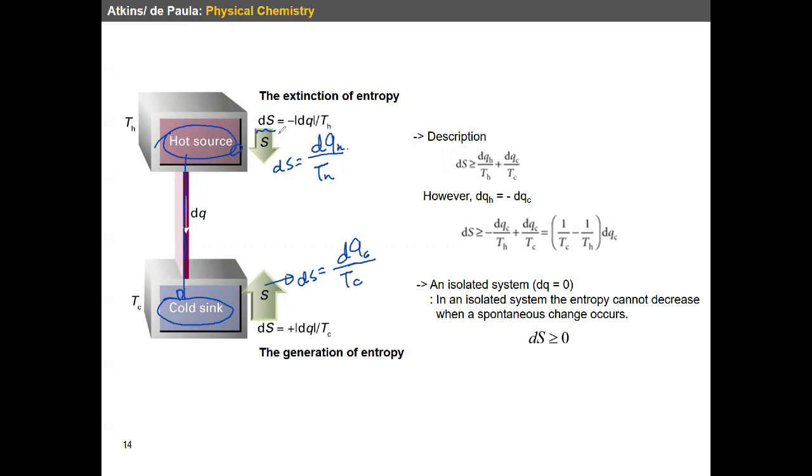And since this is an energy-releasing process, QH is the minus dQ. So you can say that it is minus dQ over Th, and this is plus dQ over Tc, right?